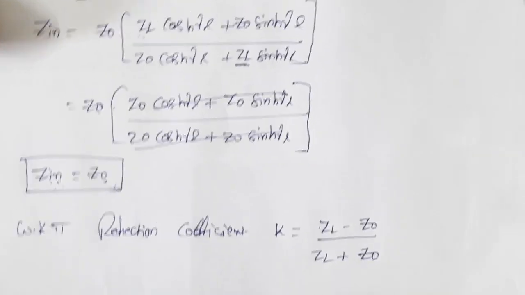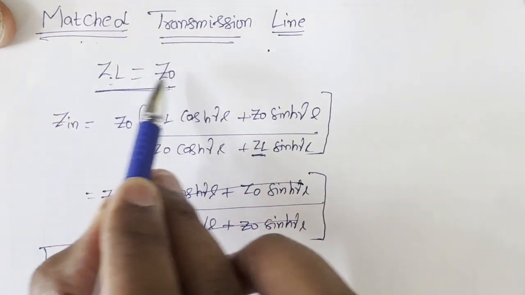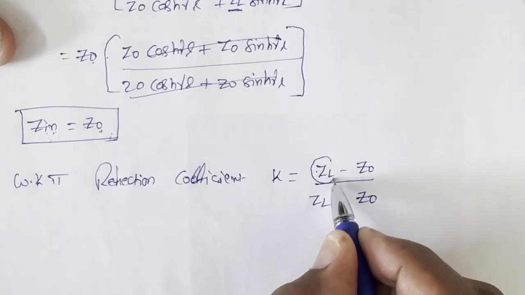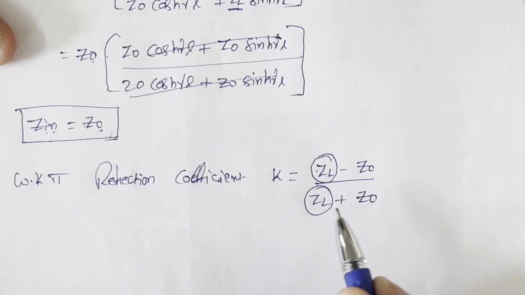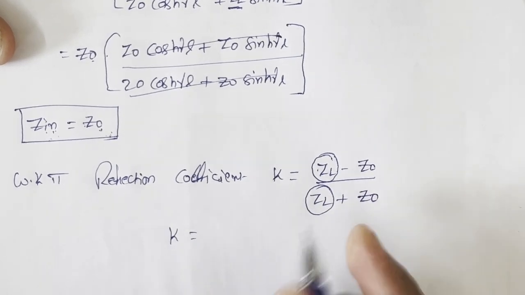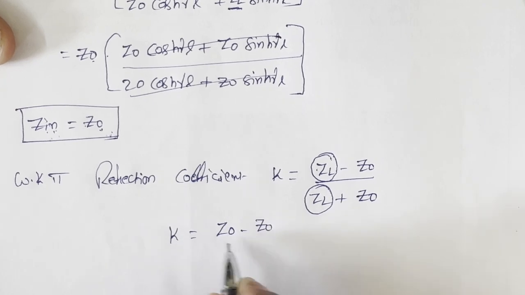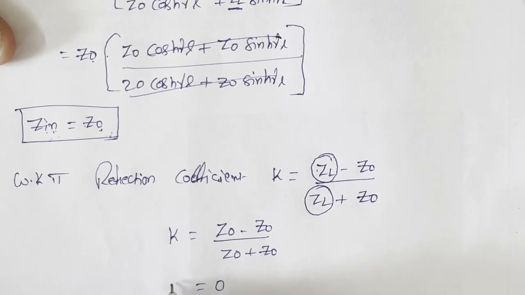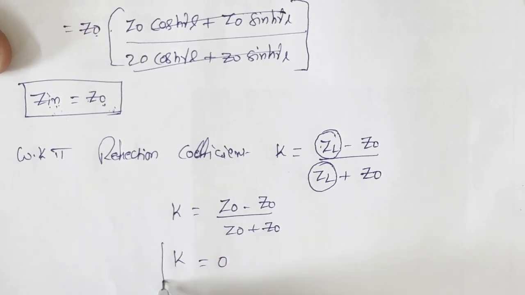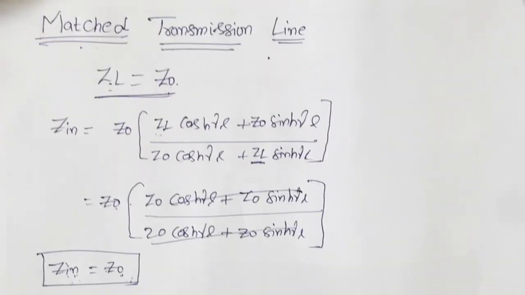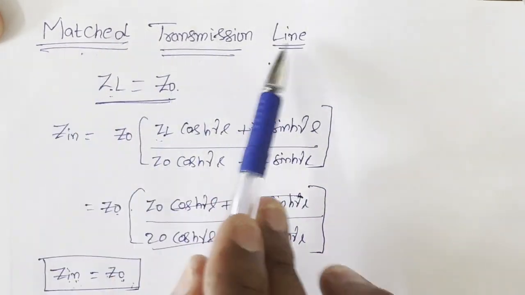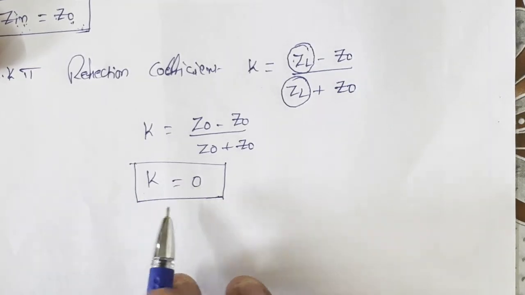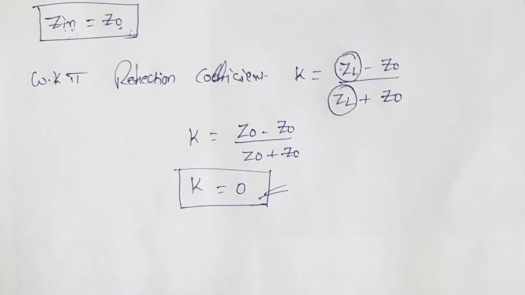Here the value of ZL is equal to Z0. Just substitute ZL equal to Z0. Then K is equal to Z0 minus Z0 by Z0 plus Z0, that is equal to 0. Then in case of a matched transmission line, the value of reflection coefficient K is equal to 0. Very important point.